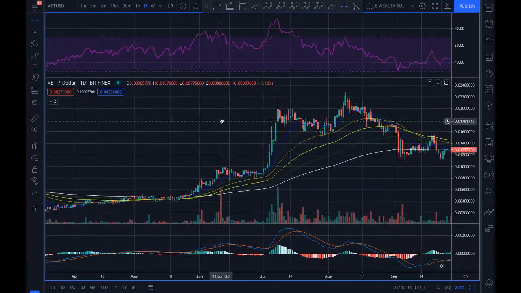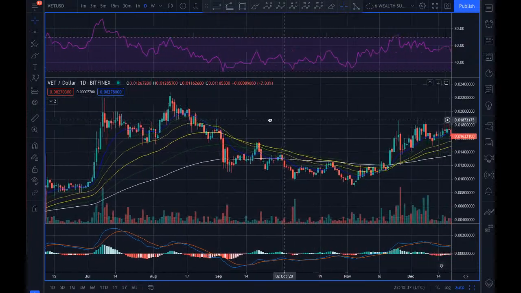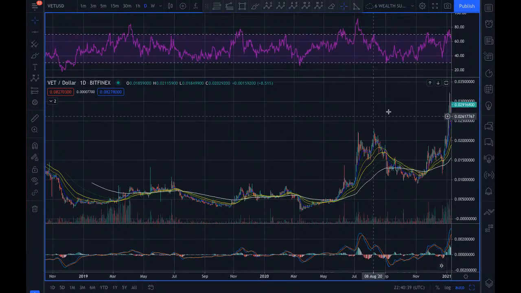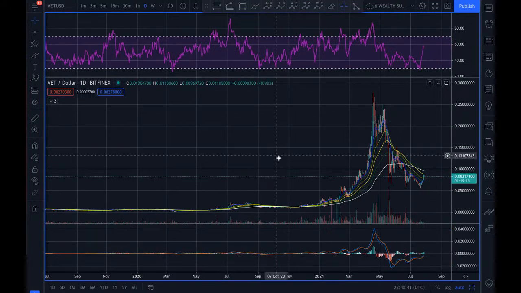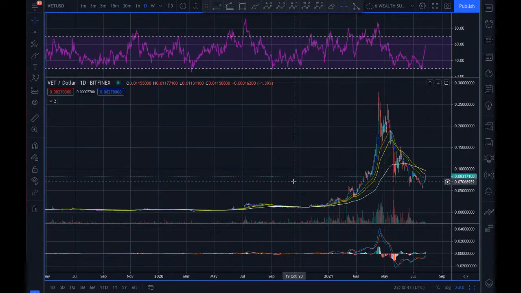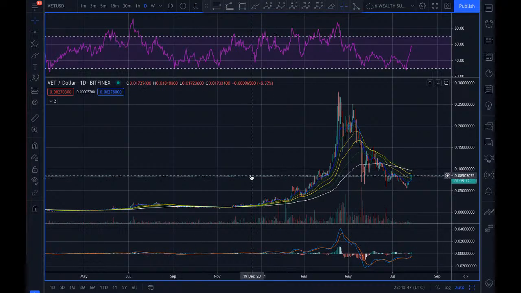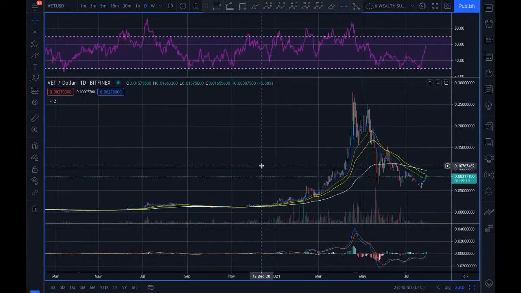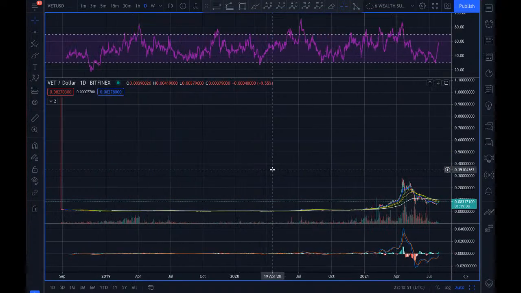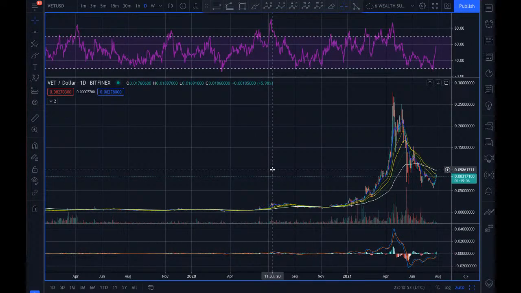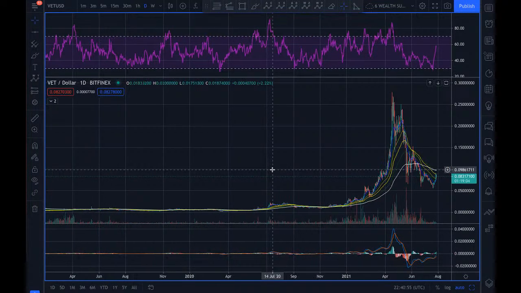And well, there we go. Well, looks like it could be a wave 4, or that wave could be done. Let's see here.